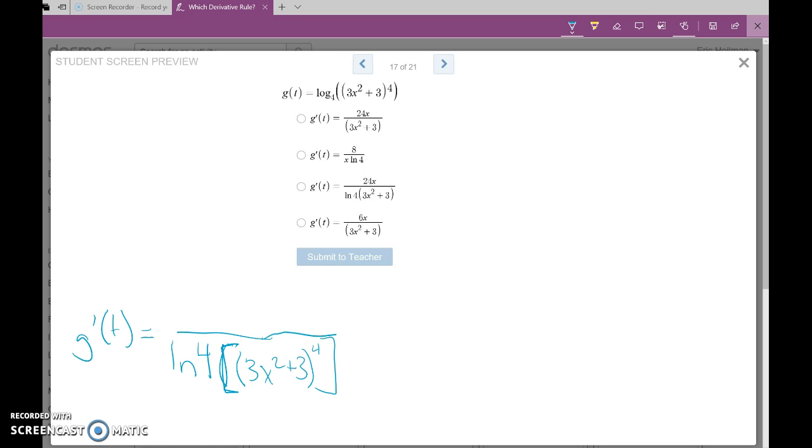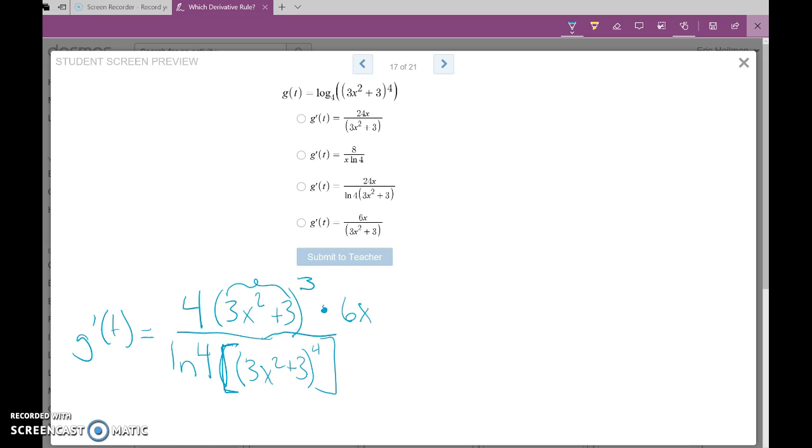And then we need to take the derivative of what was inside, so this is the first time we're going to use a chain rule. We bring the 4 down and multiply by 3x squared plus 3. We leave that inner function alone, reduce the exponent by 1, and then multiply by the derivative of that inside function, so you get 6x.